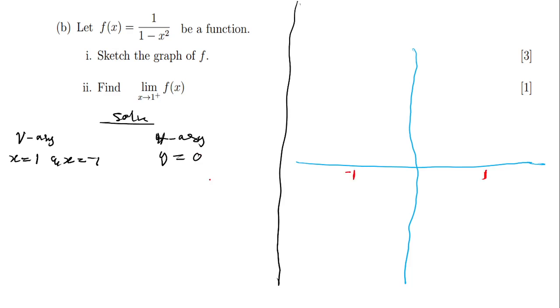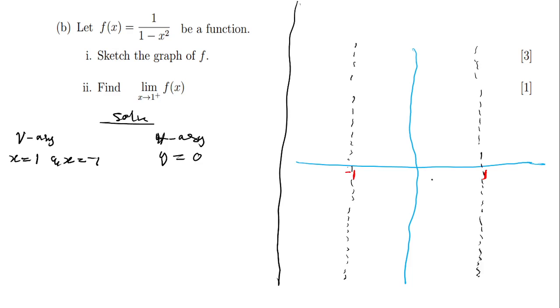You draw the vertical lines which we are calling the asymptotes, going like that, meaning the curve or the graph will never cut this part. So this is how it's supposed to be, like this.